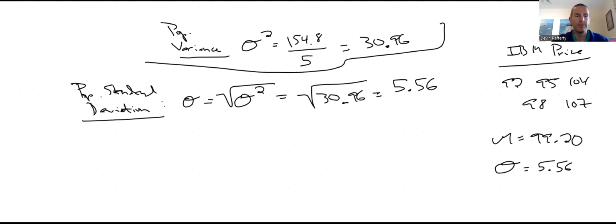Okay, so to do sample variance, we have S squared. Remember, S squared is an English letter, so we know we are dealing with a statistic.